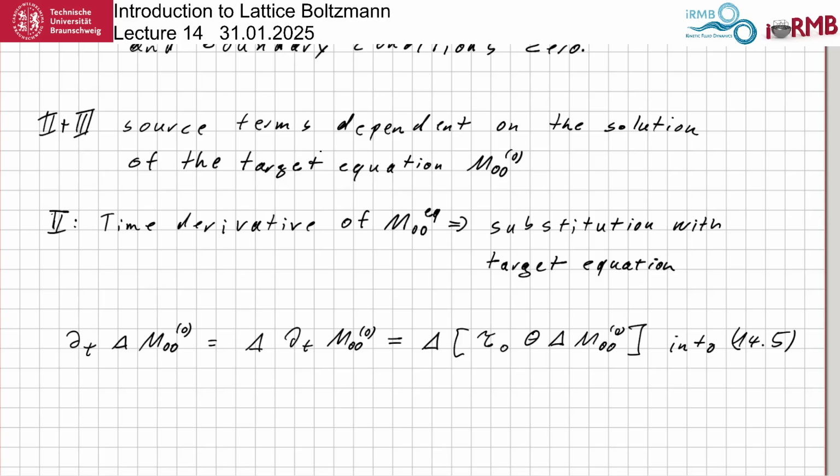We assume that tau and theta are all constant. So when we do this and take now equation as 14.6, then we still have the same diffusion equation up there.